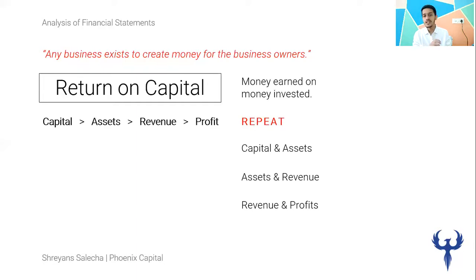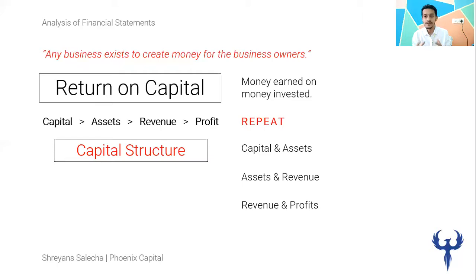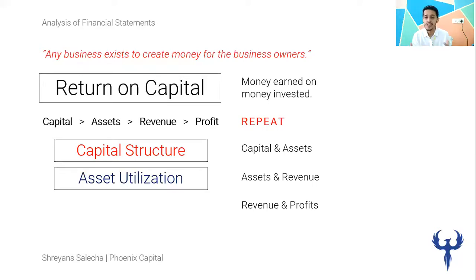So the first relationship between capital and assets can be understood via analyzing the capital structure. Capital structure is the proportion of debt, which is borrowed money, and equity, which is own money, and that money is used to purchase assets. So that is understood via capital structure. The second relationship between assets and revenue is understood via asset utilization.